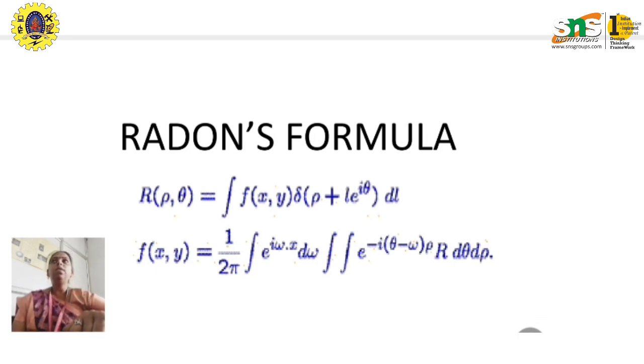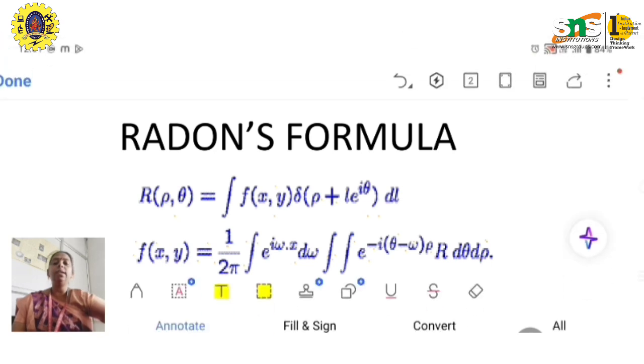So in forensics math, they use the Radon formula R_p(theta) equals the integral of f(x, y) delta(p plus ...) e^(i theta), where f(x, y) equals 1 by 2 pi integral e^(i omega x) d omega double integral e^(-i theta ...) d theta and d pi.